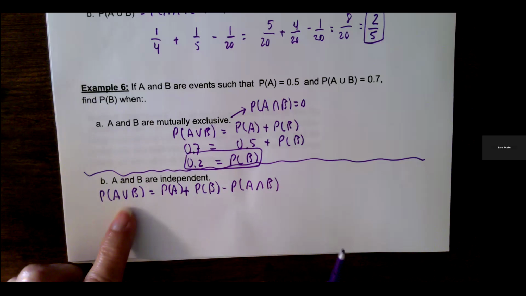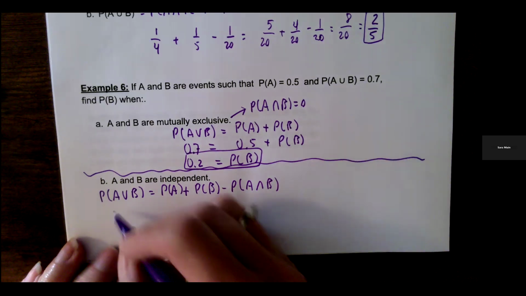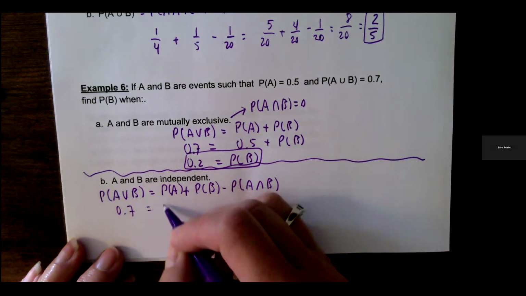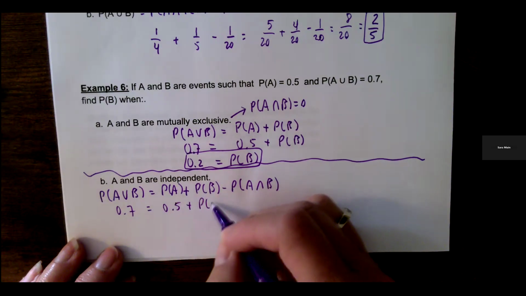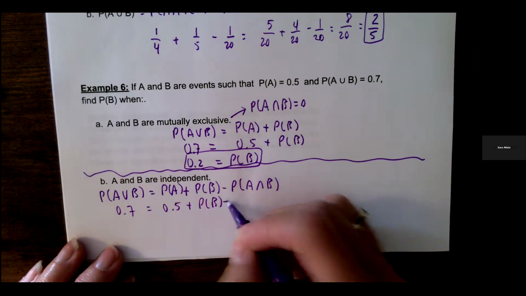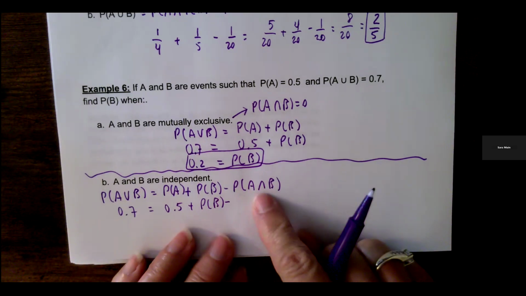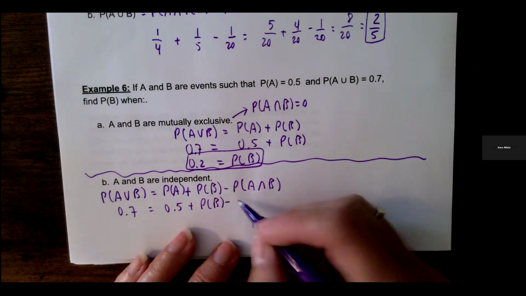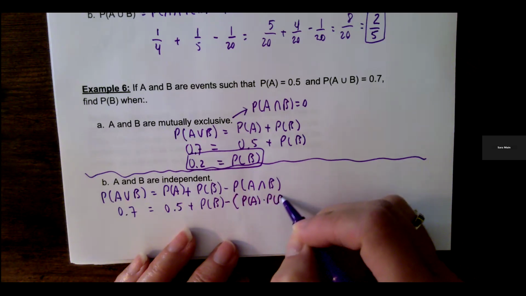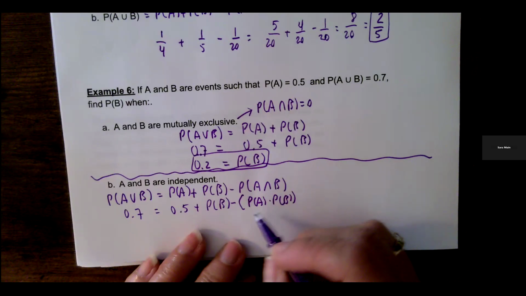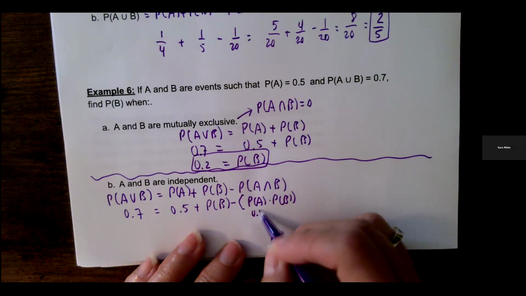Okay, so we know the probability of the union is 0.7. We know A is 0.5, plus the probability of B minus, if they're independent, this intersection is going to be the probability of A times the probability of B. And the probability of A is 0.5.